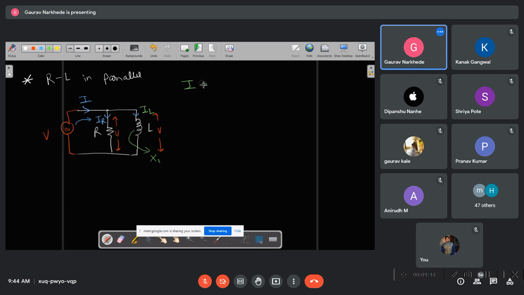So what is I? It is IR plus IL, but phasor addition. Vector addition होना चाहिए इसका. So I square is IR square plus IL square. Do you agree with this?